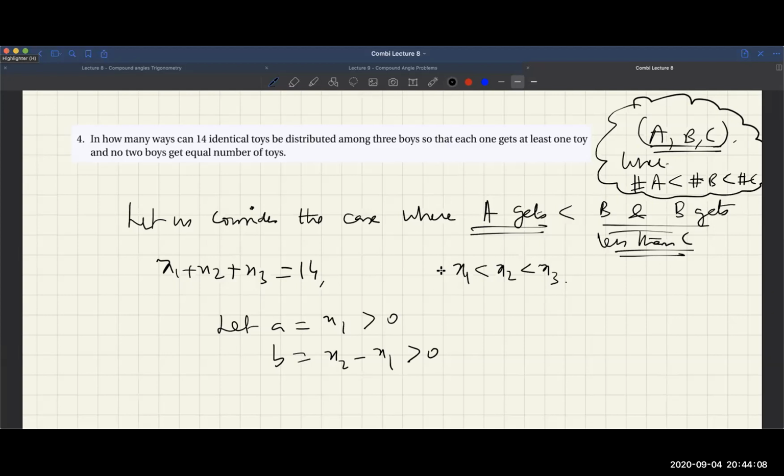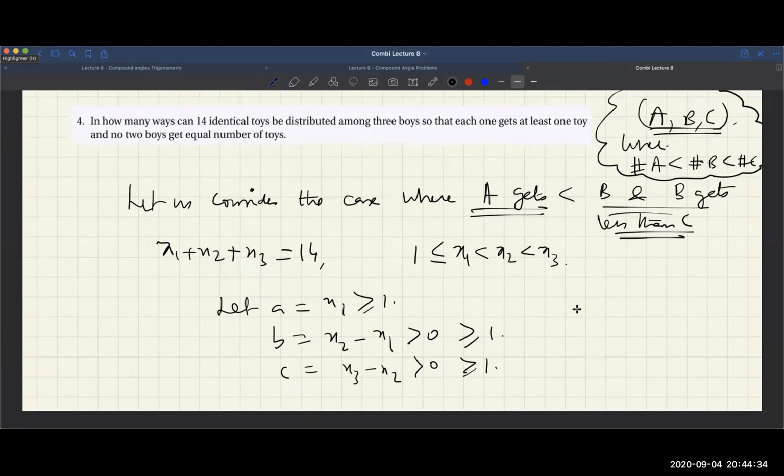This also is greater than or equal to 0, because a child may get 0 toys also. No, each one gets at least 1 toy. So this number should be greater than or equal to 1. And this will be greater than 0, which is greater than or equal to 1. And C will be equal to x3 minus x2, which is also greater than 0. So that is also greater than or equal to 1.